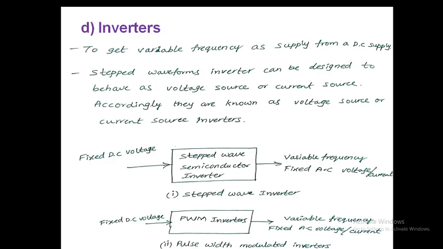Okay. So either a voltage source or current source inverter can be designed using power semiconductor devices. For example, if your supply is a fixed DC voltage, by using that stepped wave inverter, we can get variable frequency, fixed AC voltage or current.